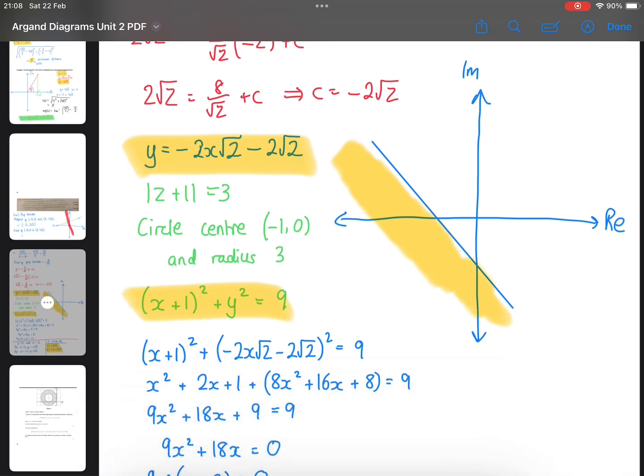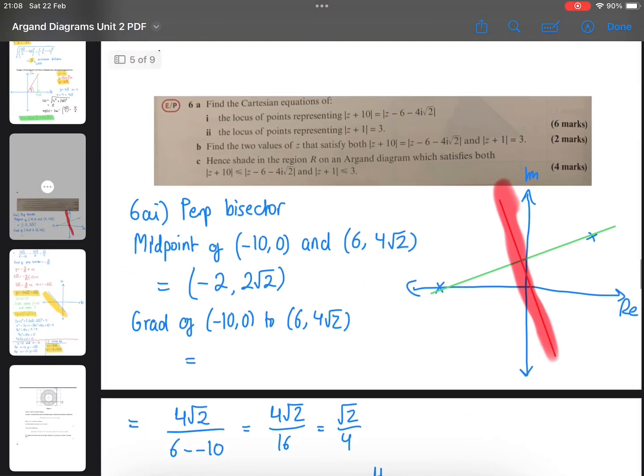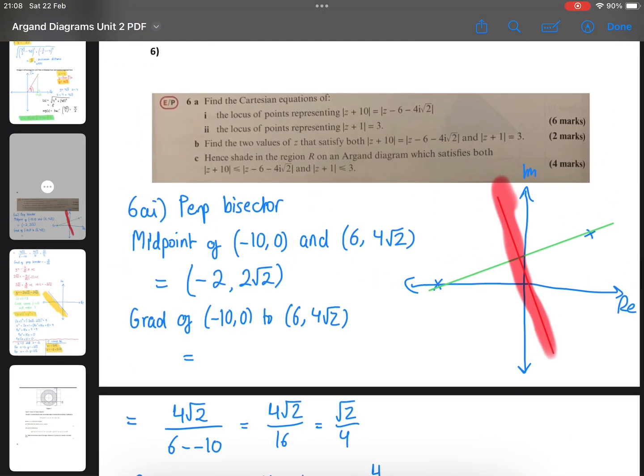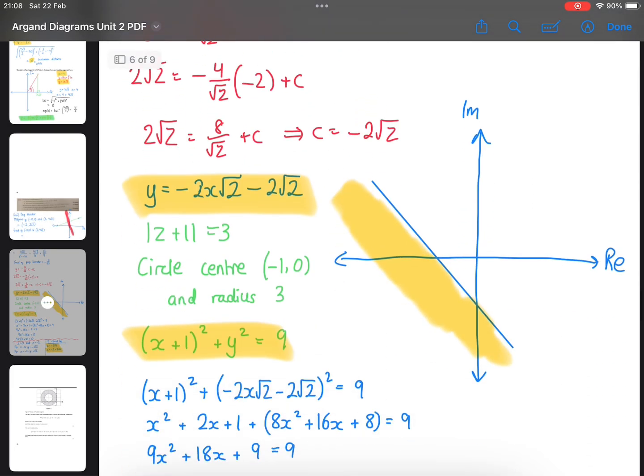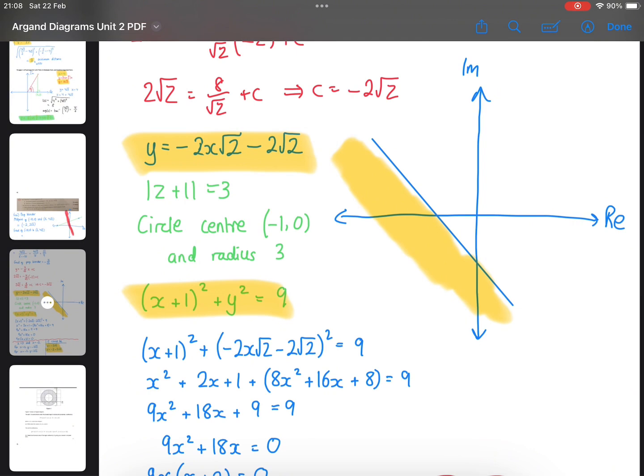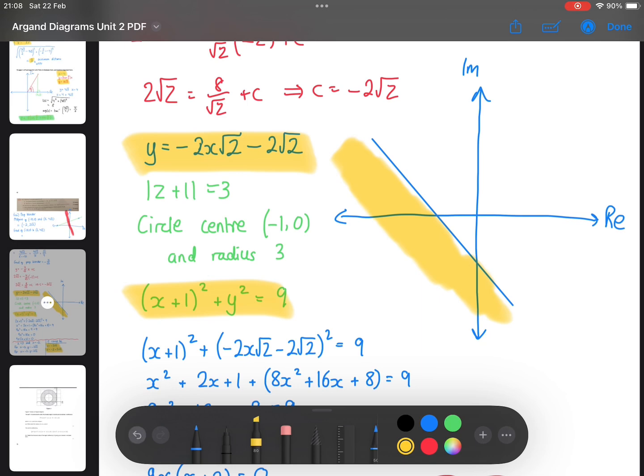But there's also another inequality which we have to satisfy, which is that the modulus of z plus 1 is less than 3. So we said that we had our circle at centre minus 1, 0 and radius 3. So if I just get rid of the shading for a second, then we have a circle at minus 1, so somewhere around about there. And if you're drawing these in an exam, you should probably be more accurate with spacing and stuff like that, but it's kind of hard to do without labelling axes properly.